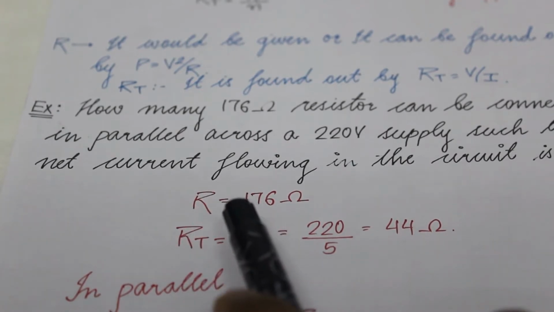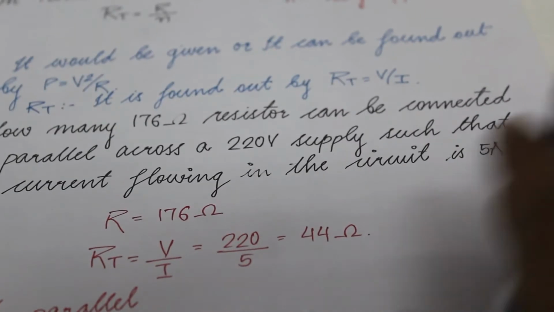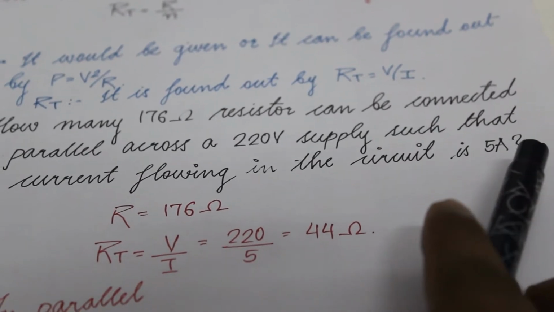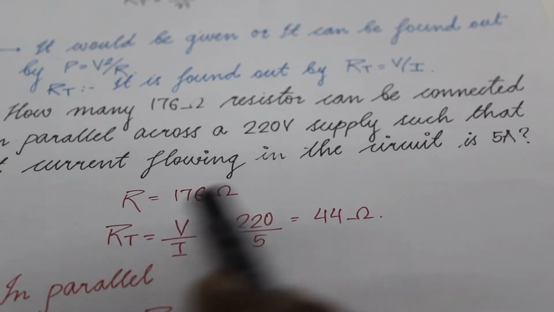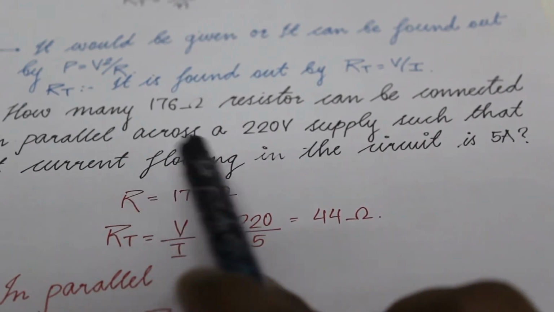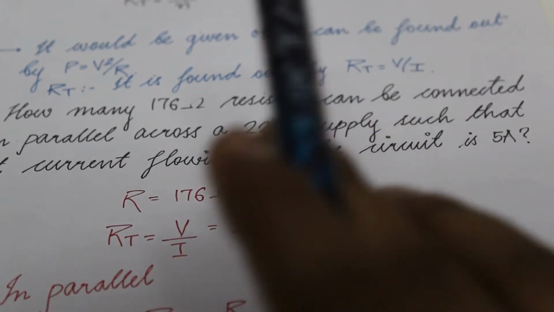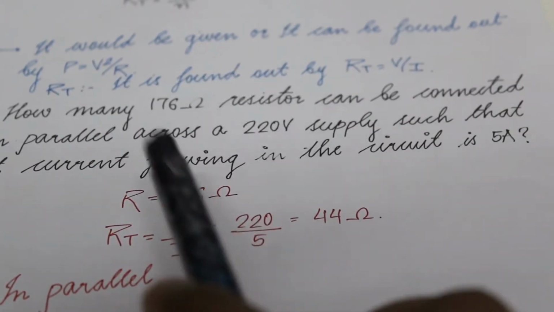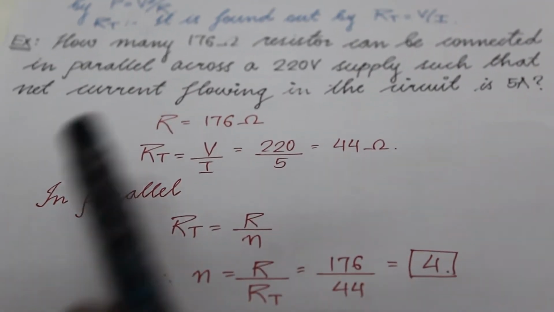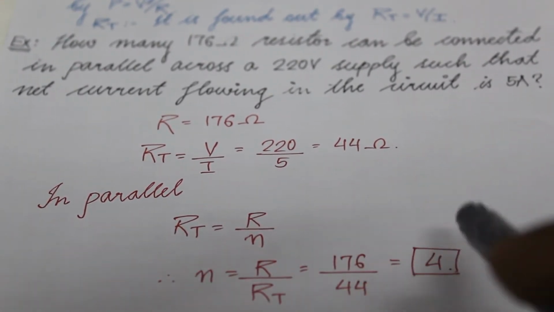As I have already told you, RT is always found out by Ohm's law. So RT is equal to V upon I. Here V is 220 volt, whereas I is 5 ampere. On solving it, I get RT is equal to 44 ohm. So I have R with me, that is 176 ohm, and RT I have found out by Ohm's law, which is 44 ohm. As the appliances are connected in parallel, we'll use the parallel formula, RT is equal to R by N. On solving, I get N is equal to 4.